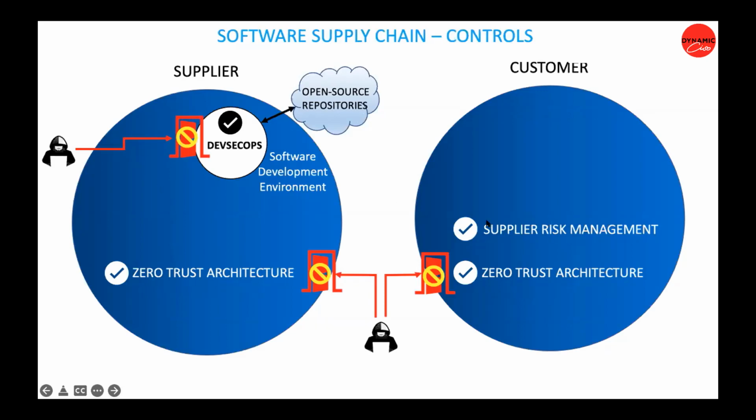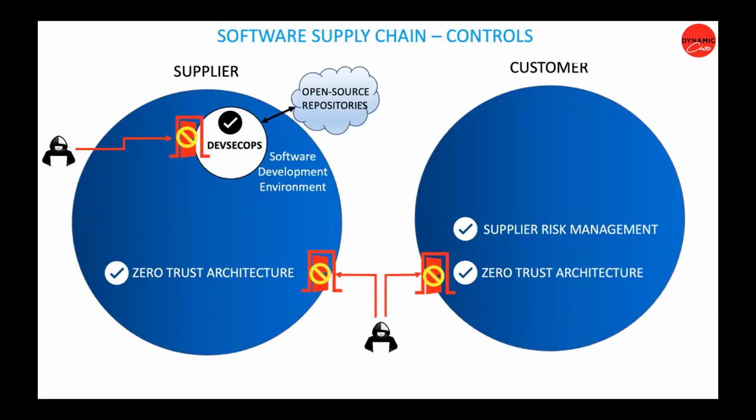But in addition to that, the customer is also supposed to implement robust supplier risk management. We will see what the components of this supplier risk management are. So zero trust architecture for on-prem and cloud infra, and supplier risk management need to be put in place. And this is the CISO's job, to see that this is done.